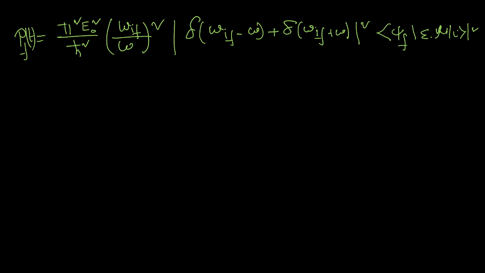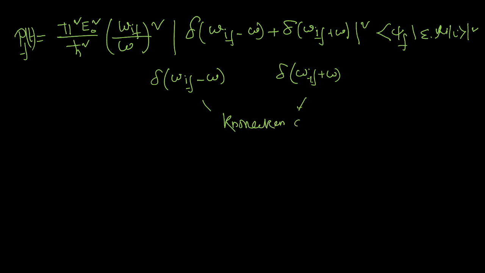Okay, so now what do these two mean? So omega and omega_if, these are called Kronecker delta. So this value is either 0 or 1.